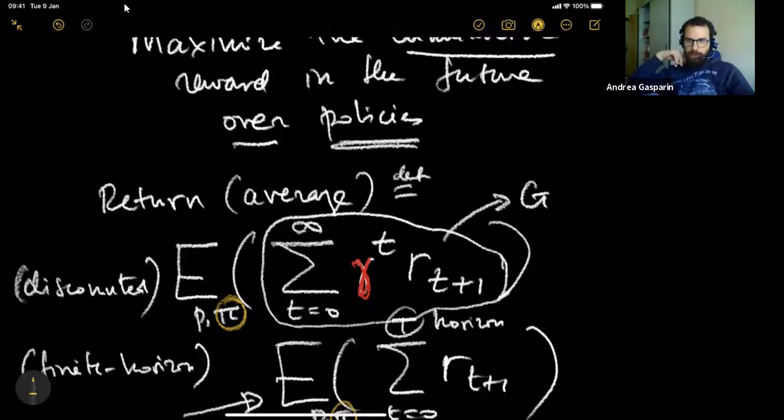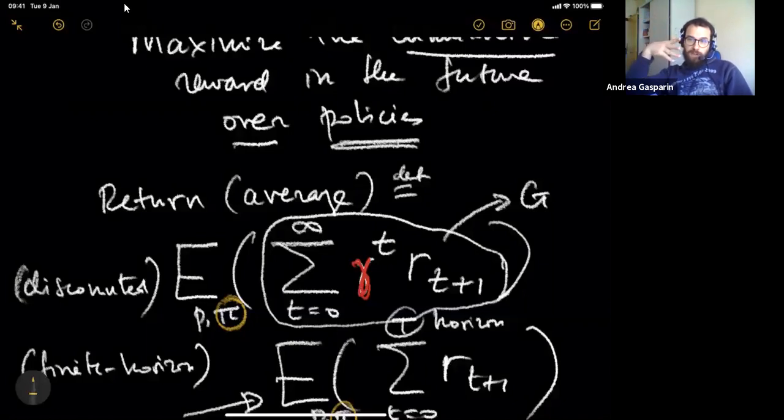I'll open the camera. I've seen in many places, well, everywhere basically, that the gamma has to be lower than 1, which makes sense when our episode can be infinite. But in practice, I've seen that when you have a time horizon, so let's say a game that after a certain number of steps ends, in many applications gamma is actually set to 1.